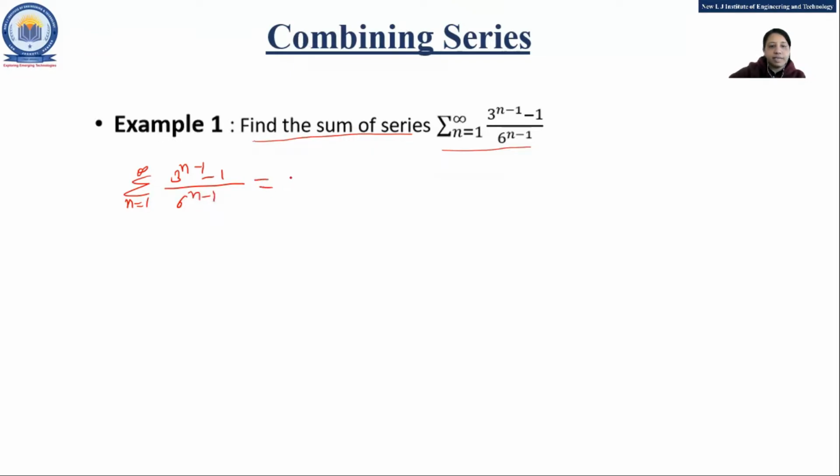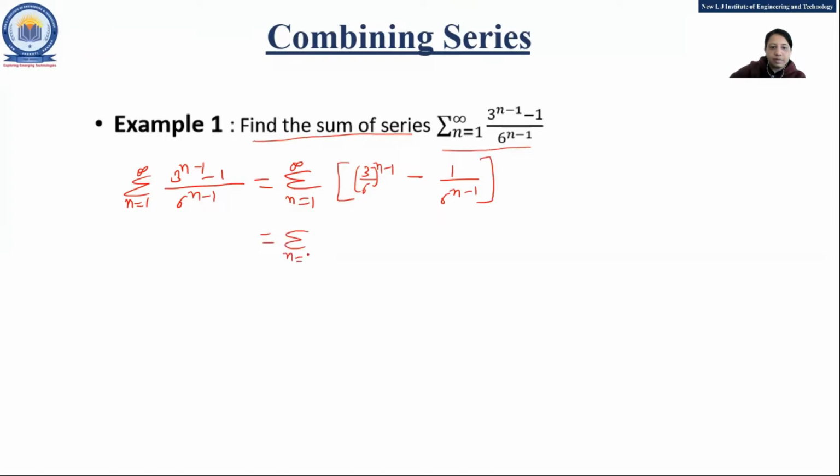It can be rewritten as summation n equal to 1 to infinity of 3 by 6 raised to n minus 1, minus 1 upon 6 raised to n minus 1. Now 3 by 6 is 1 by 2.